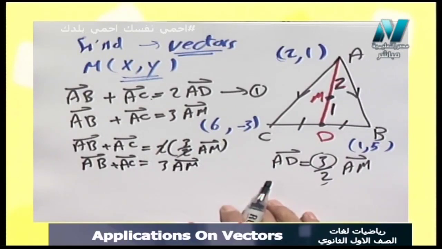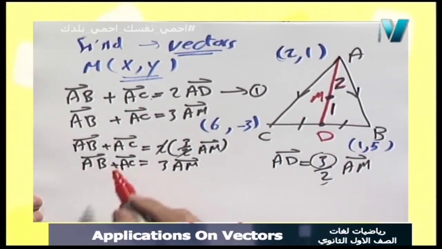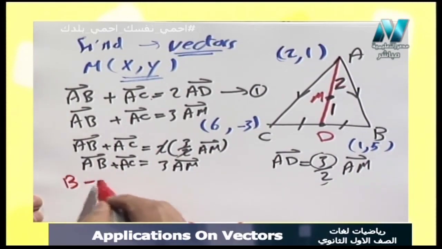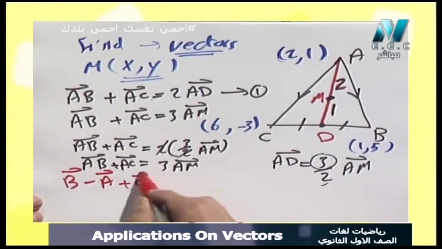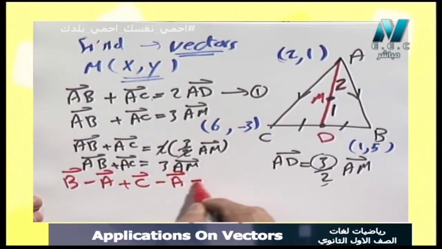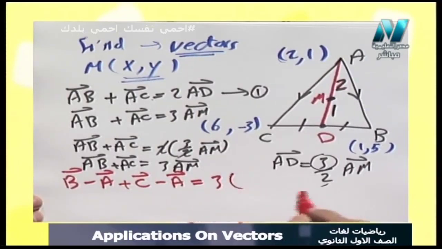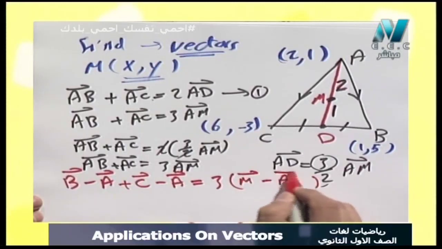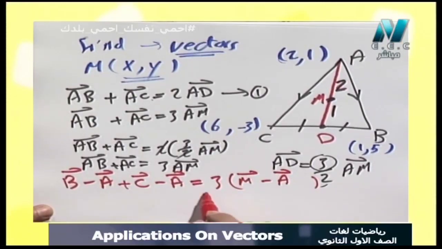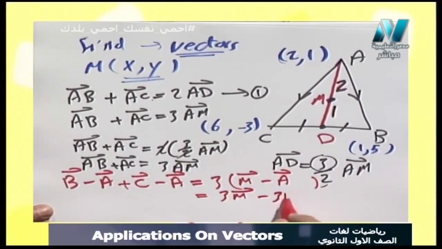Okay, we know that if we have AB and we would like to find it, we will put B minus A, and AC means C minus A, equals 3AM, which means M minus A. By multiplying we have here 3M minus 3A.